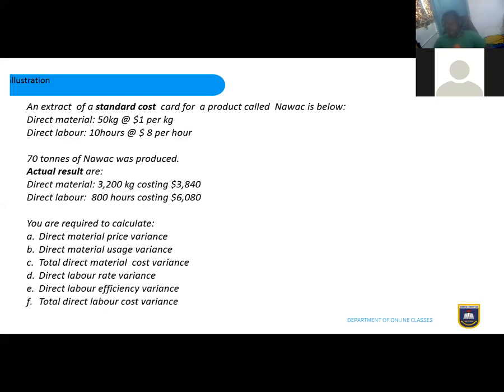And the standard cost will be given to you based on material and labor, because last week we said our major focus will be on material and labor. So these are the standard costs for material and labor. Direct material is 50 kilograms at $1 per kilogram. Direct labor is 10 hours at $8 per hour.